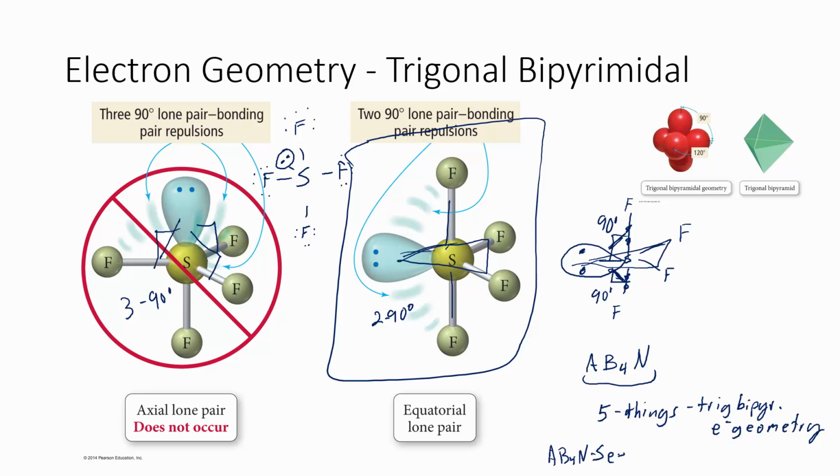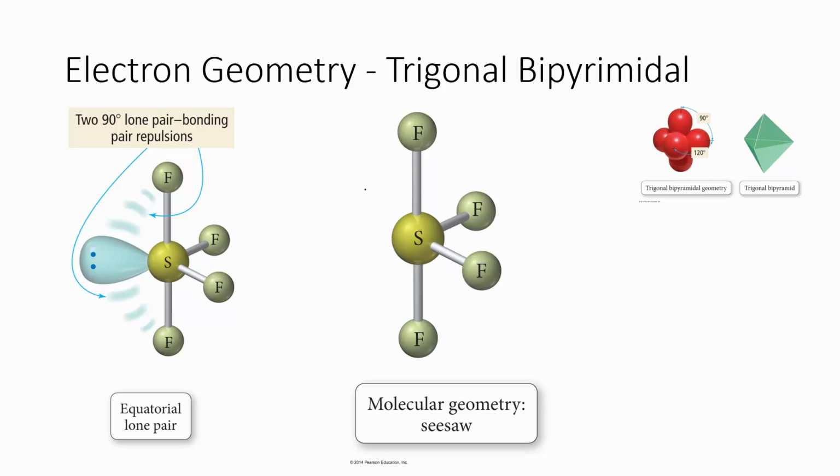AB4N has a seesaw geometry when we consider the molecular geometry. You can kind of see this as a seesaw if you turn your head sideways and tip this around. And you see this, and it kind of balances on these legs, and then these 2 things here are the teeter-totter that goes back and forth, etc. Okay, so seesaw geometry.